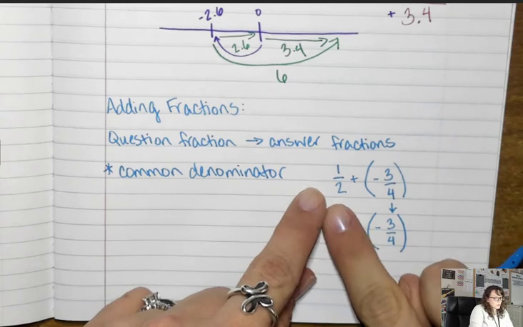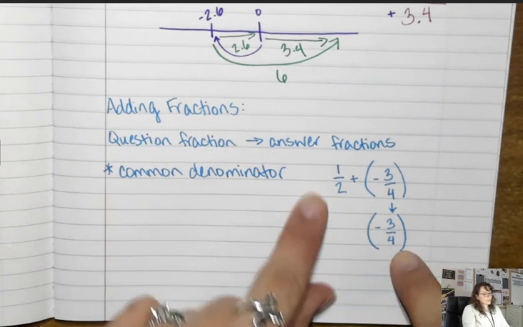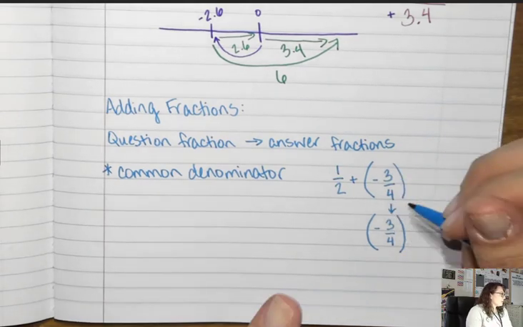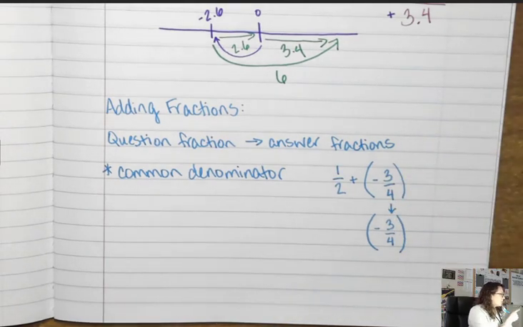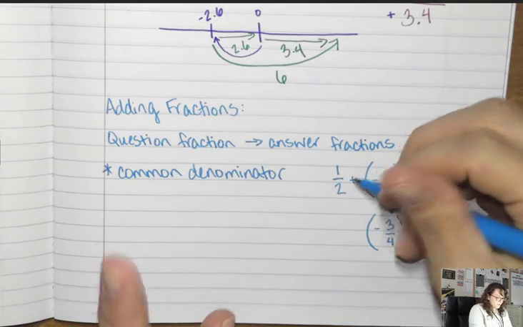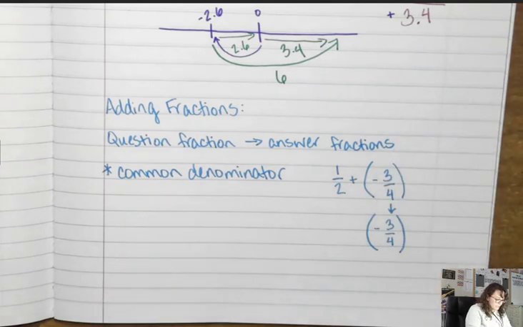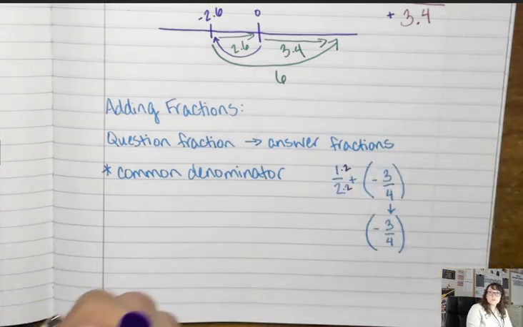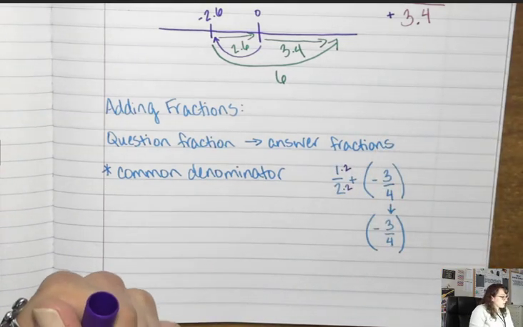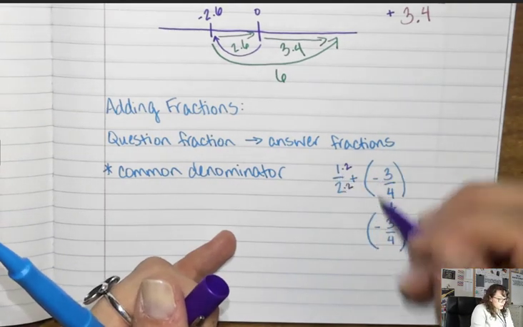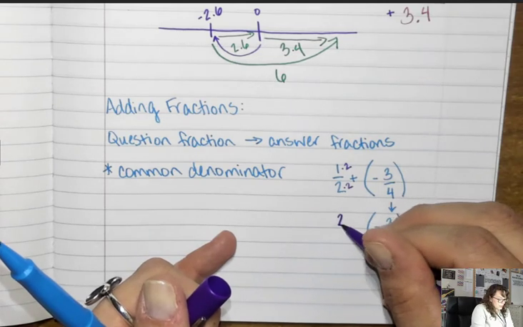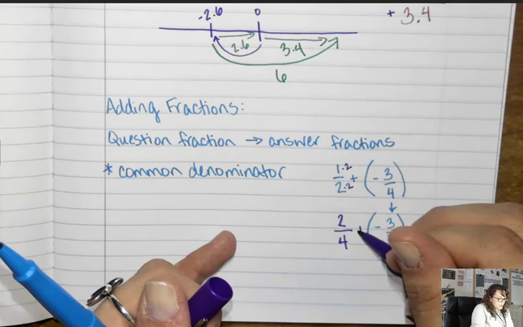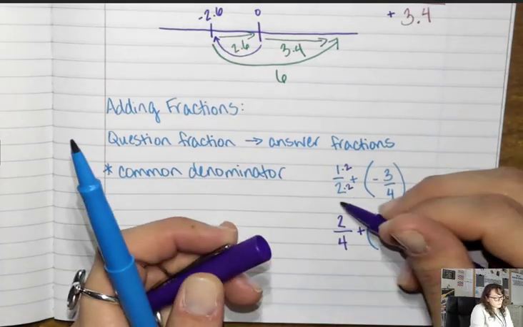What do I need to do to 1/2 so that there is a 4 on the bottom? We're going to multiply it by 2, which is going to give me a 4 on the bottom. So I have to do times 2 times 2. Double the top, double the bottom. So 1 times 2 is 2, and 2 times 2 is 4. Why is it 2? Because 1/2 is 2/4.